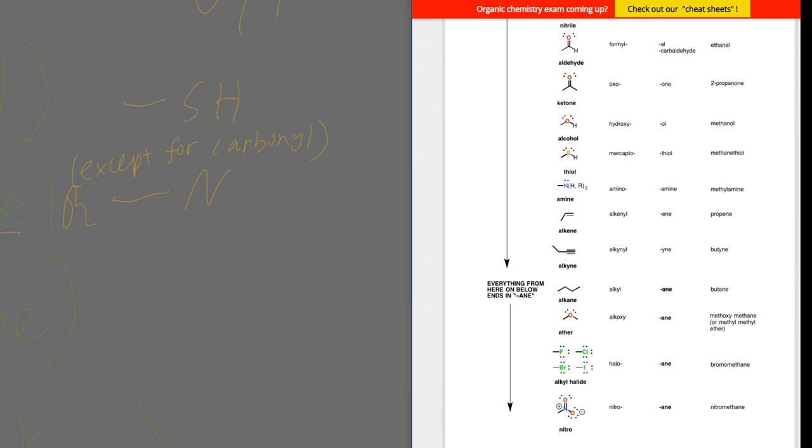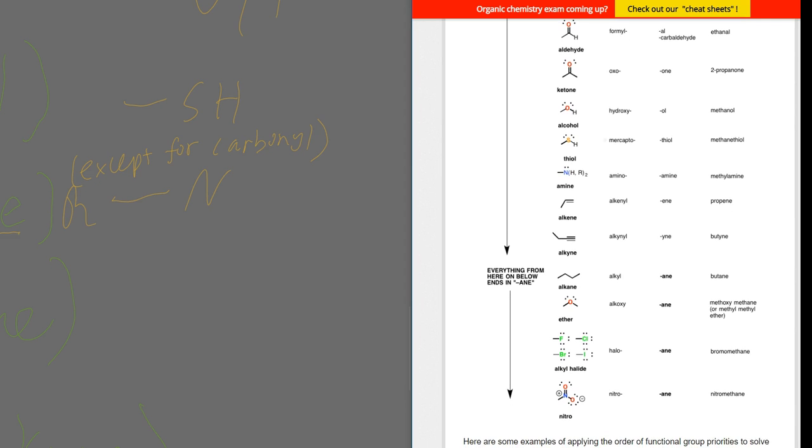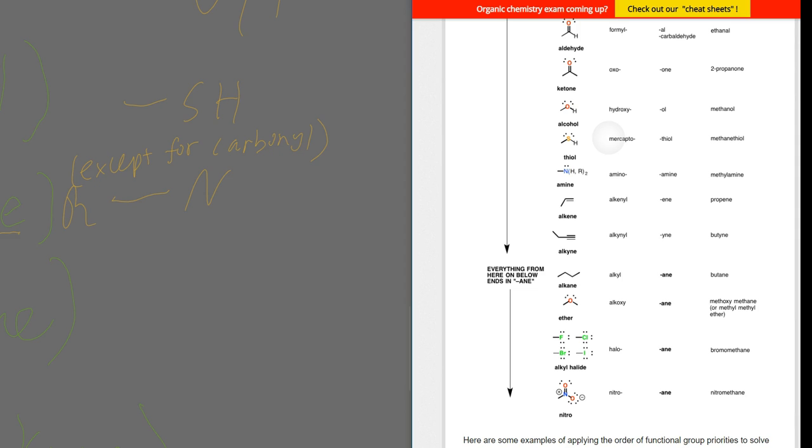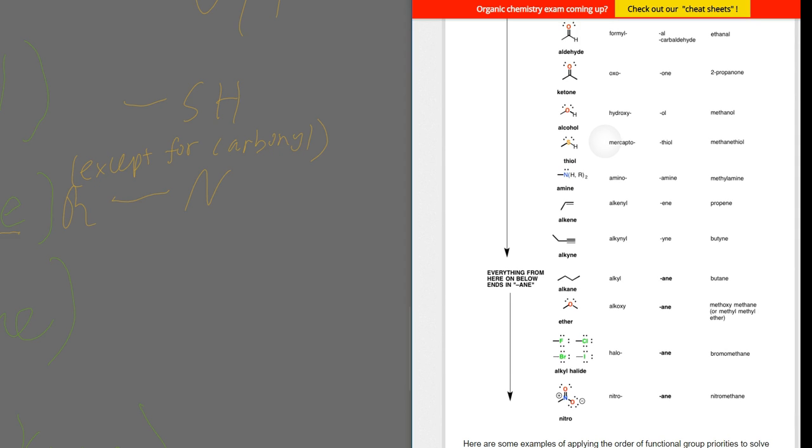But in this case, they have it as, well, it could be hydrogens. In this case, this would be like a primary, because there's one other R group or one other carbon. Or you could have something like this.